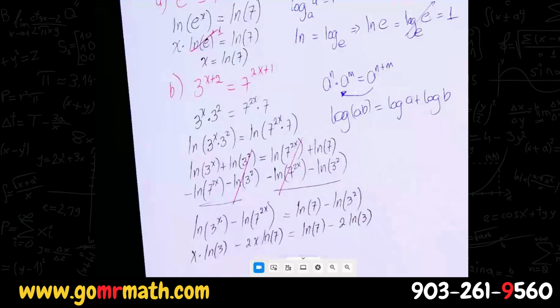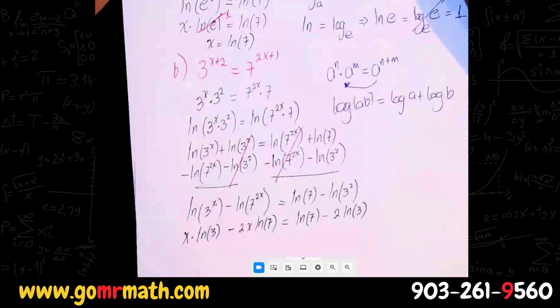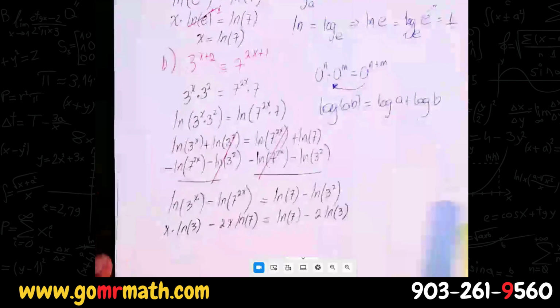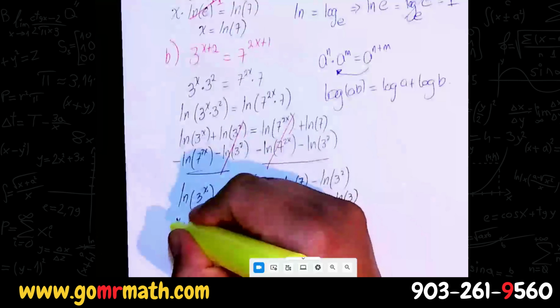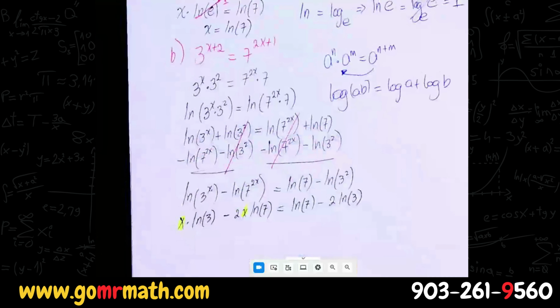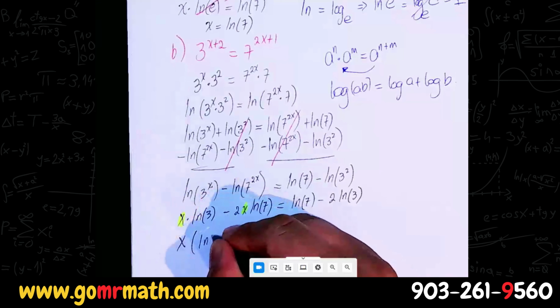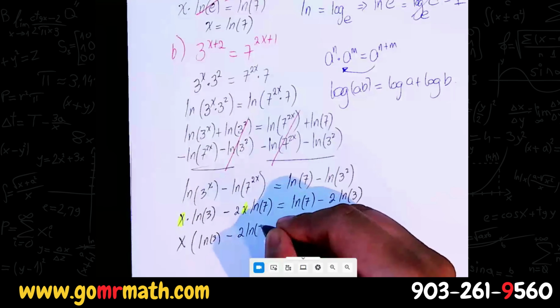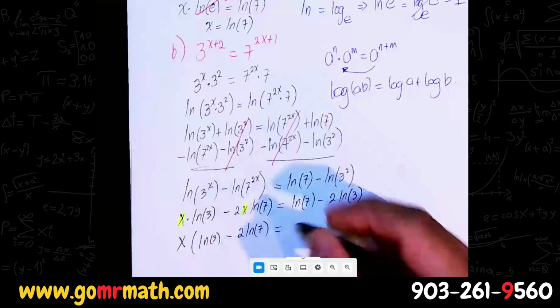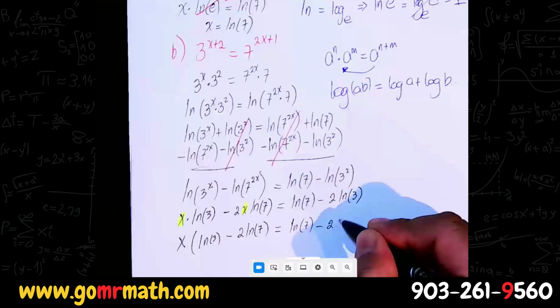What we can see is that we have a common factor. What is it? It's this x. So let's apply that. The common factor gives x times ln of 3 minus 2 ln of 7 equals ln of 7 minus 2 ln of 3.